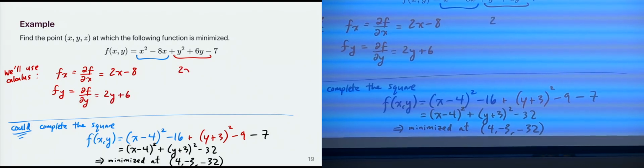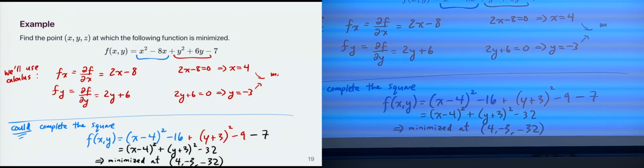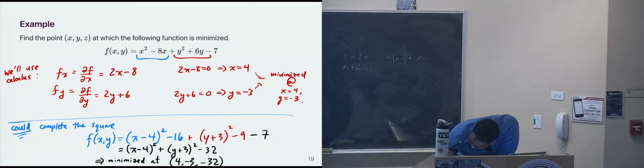When I set 2x minus 8 to 0, I get x is 4. And when I set 2y plus 6 to 0, I get y is negative 3. And so my function is minimized at x equals 4, y equals negative 3.